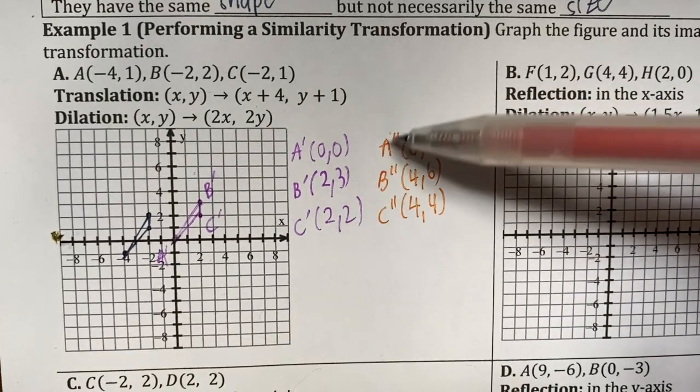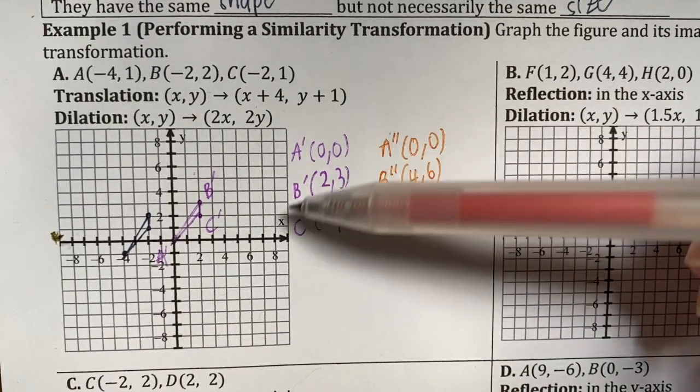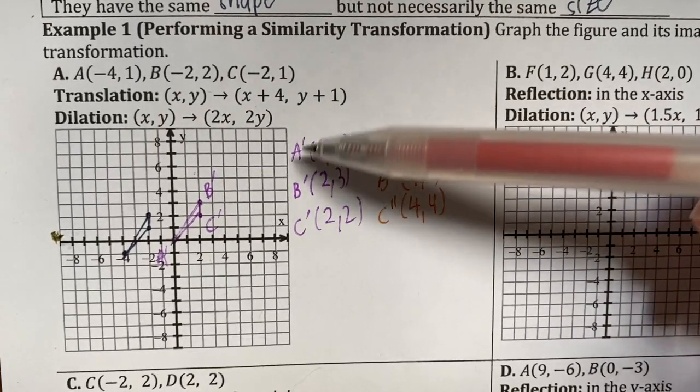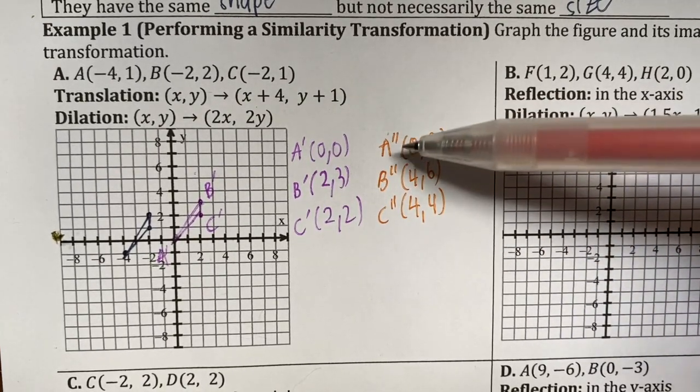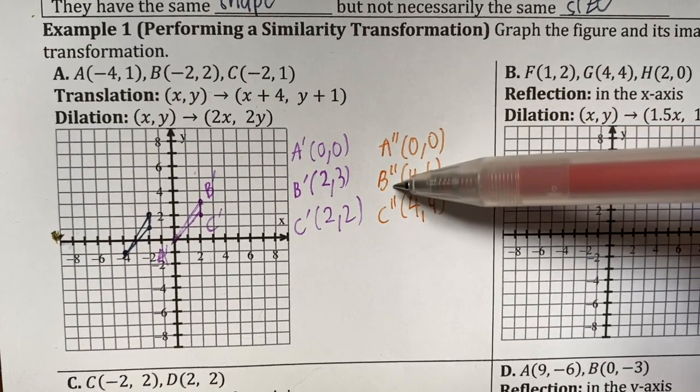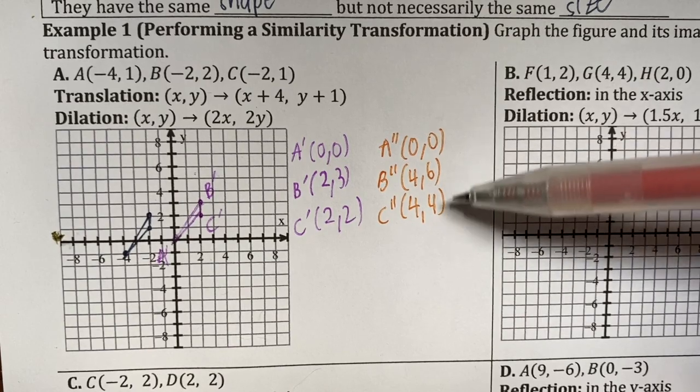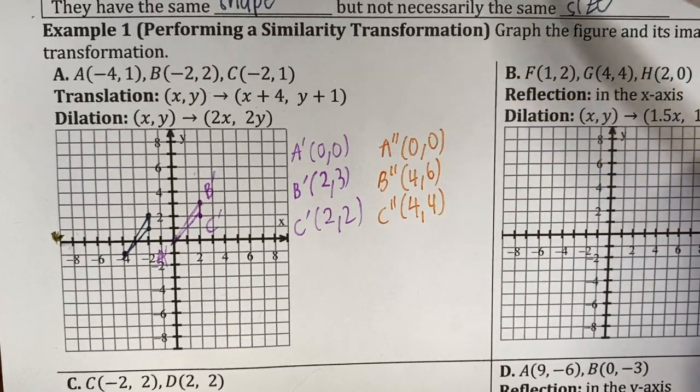These are the points I got. Now, since the next transformation, the dilation, is a transformation of the one that comes before, I'm using 2 apostrophes. So this is A double prime, B double prime, C double prime, which has coordinates of (0, 0), (4, 6), and (4, 4). Now I'm just going to graph this, and we'll be finished.